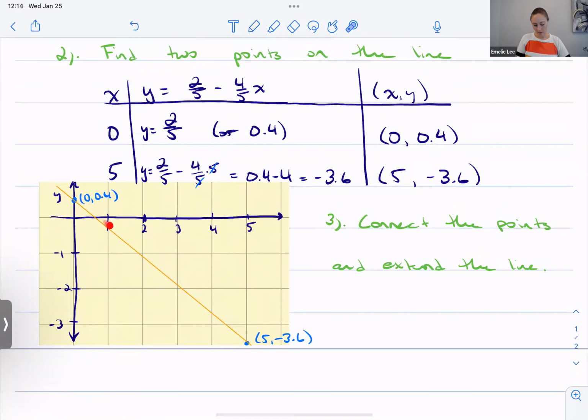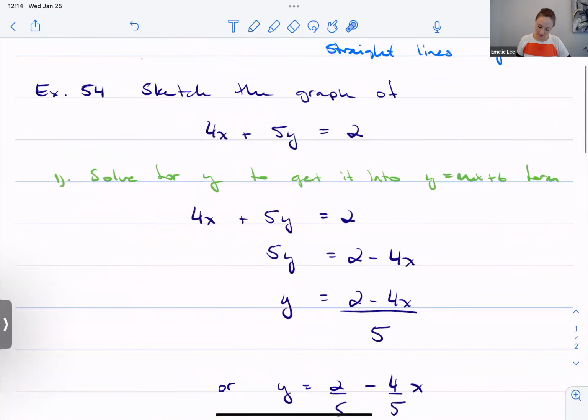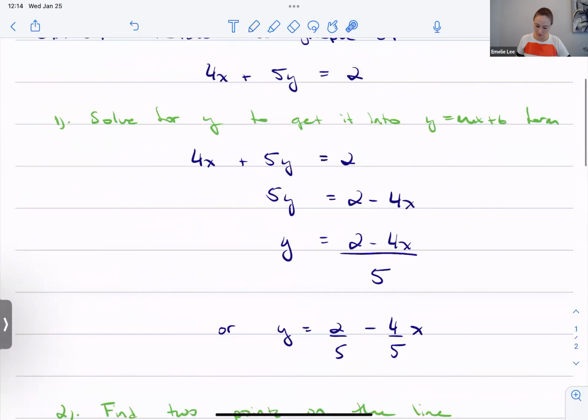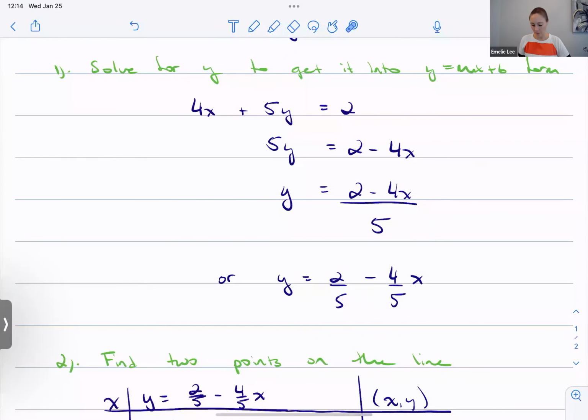Here, this is what we call a negative slope. That's because the slope value itself, which was easy to see once we solved for y, is negative. So here we have this negative slope.